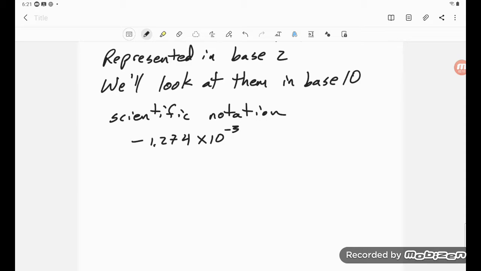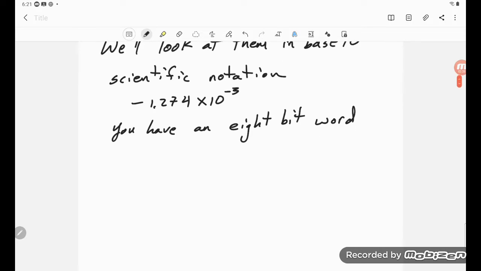Now, if you're told you have an 8-bit word to work with, or you've got 8-bit architecture or something like that. Typically we're talking 32-bit, 64-bit, that kind of thing.